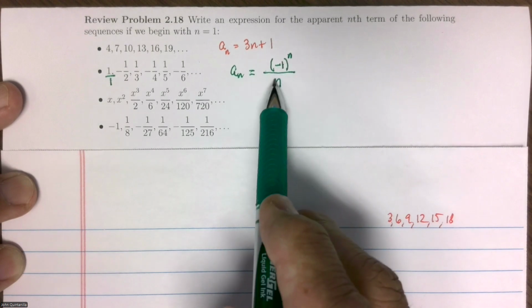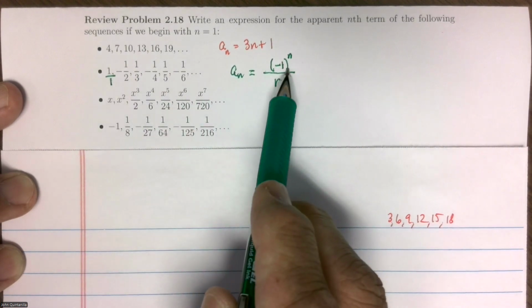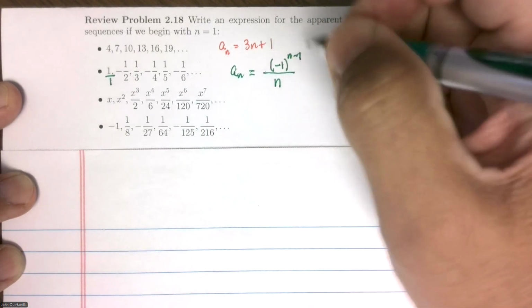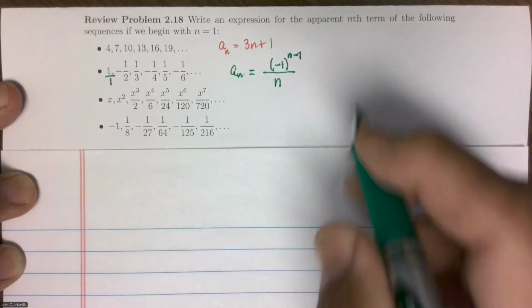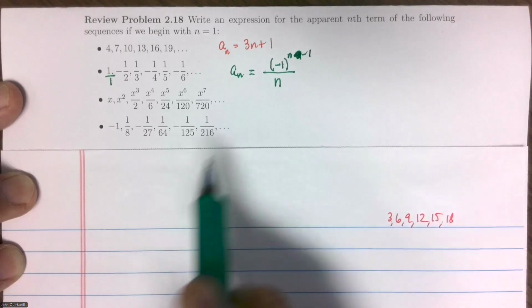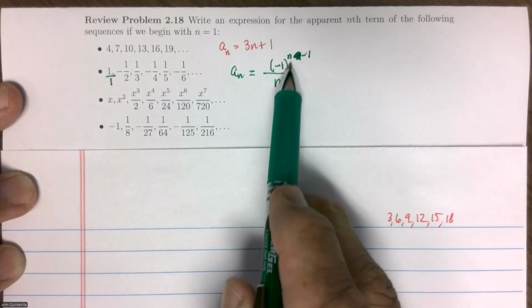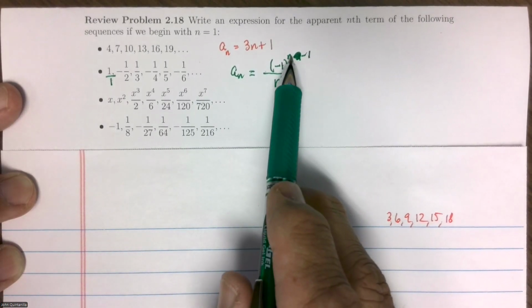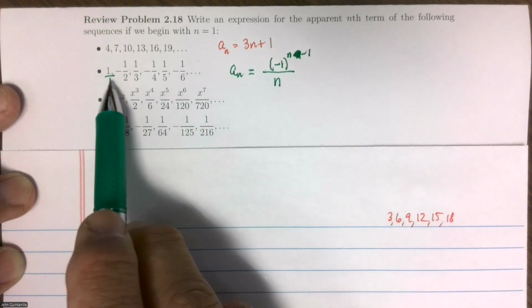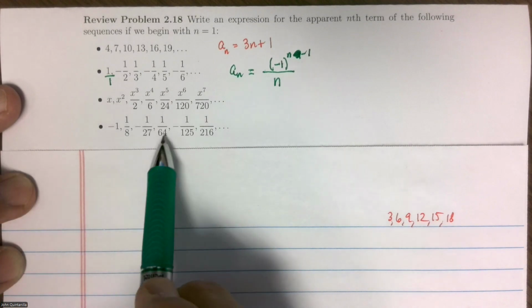So because I need this to start positive, what I have on screen now is not quite correct. I have to make a slight alteration. Negative 1 to the n minus 1. Now, if n is equal to 1, I have negative 1 to the 0 is plus 1, and it starts positive. Okay, so that is the second sequence.